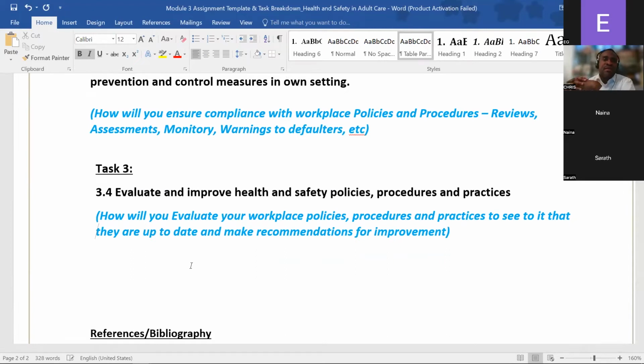So some of the recommendations you will make will be that, okay, you recommend that the policy should be reviewed every 1 year, annually, in order to reflect the change in the law and the change in the regulation, because every now and then things are changing. New laws are coming into being, laws are being updated, changes are happening.